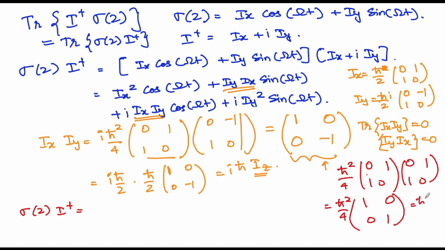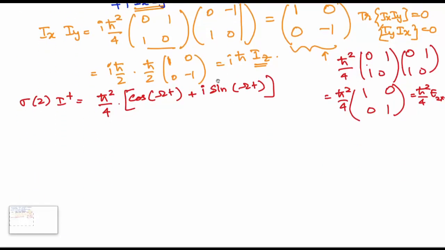You are able to see it is H cross square by 4 times the identity. So therefore, we can actually write this as H cross square by 4 times cos of omega t. And similarly, try to work this out as well. You're going to get a 1 by 4 there as well, H cross square by 4 as well, so you're going to get sine of capital omega times t.